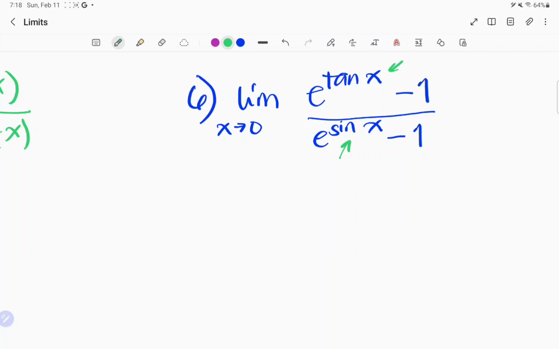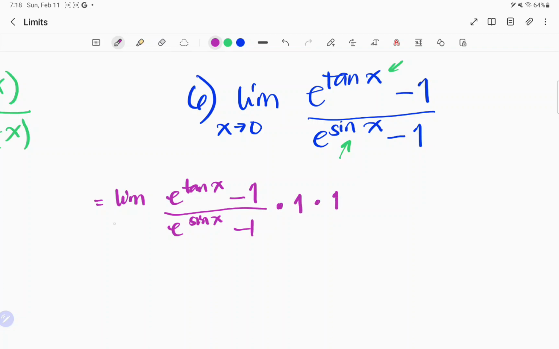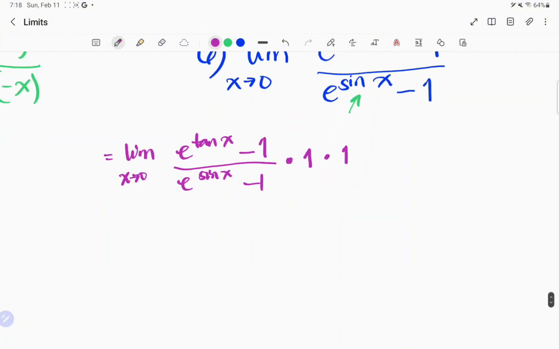So further simplifying this, it will become the limit of e raised to tangent x minus 1 over e raised to sine x minus 1 multiplied by probably 1 and another 1 as x approaches 0. Now why am I going to multiply two 1s to this function?